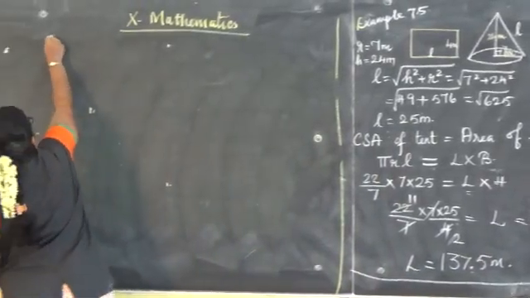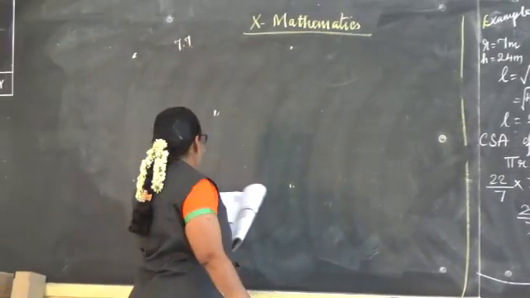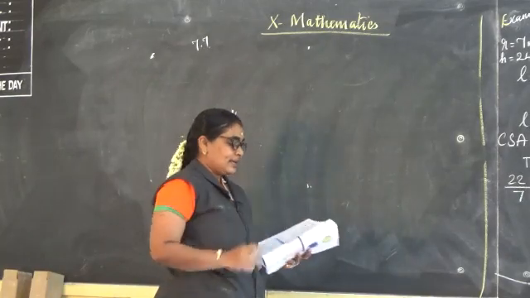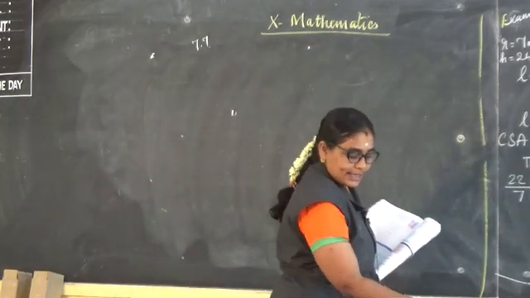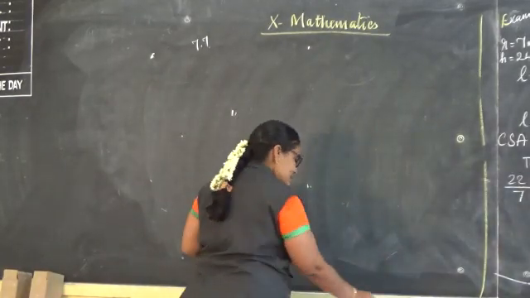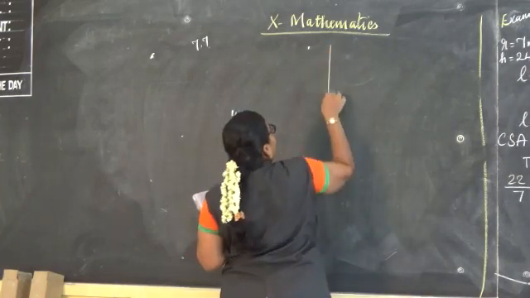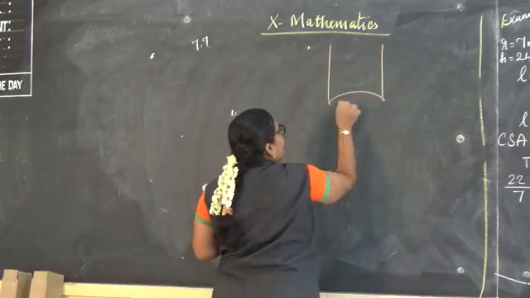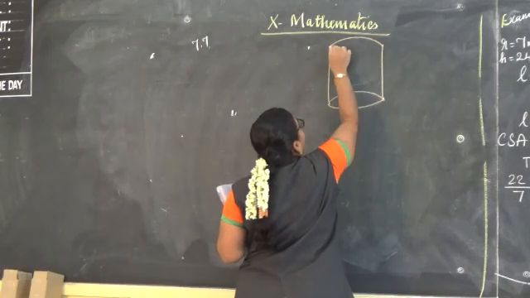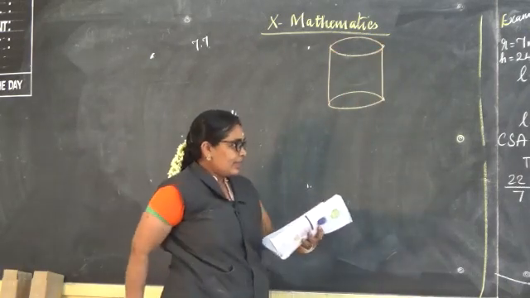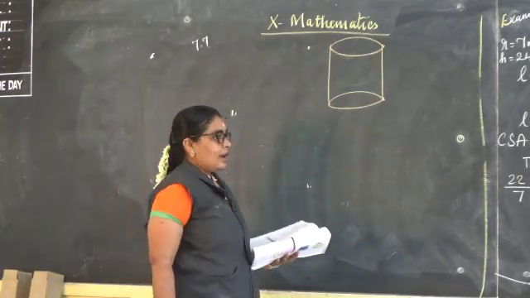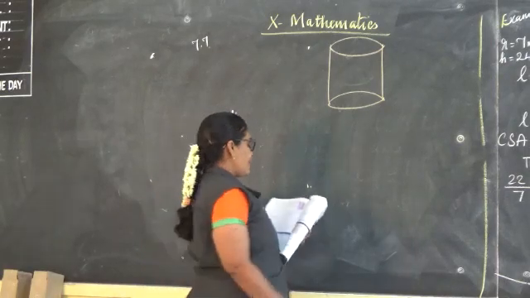So example 7.7. From a solid cylinder, we are having one cylinder, a solid cylinder, in the sense a normal cylinder. A solid cylinder of height 2.4 centimeter.